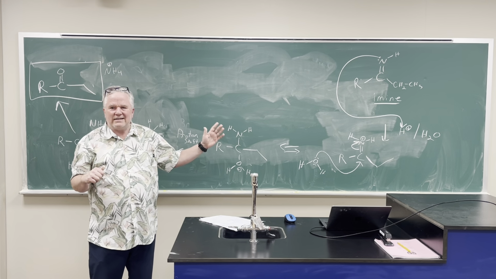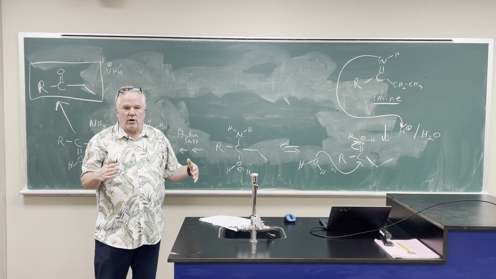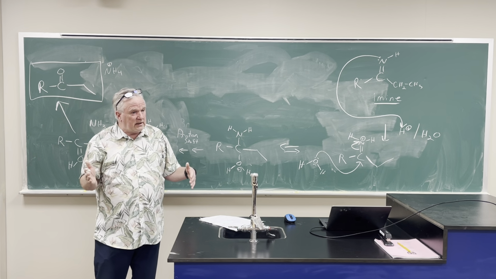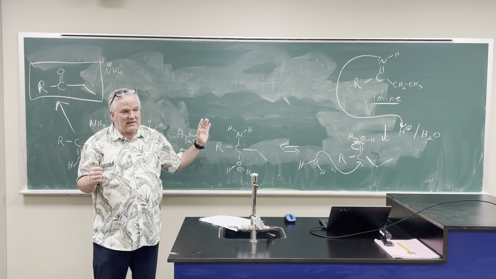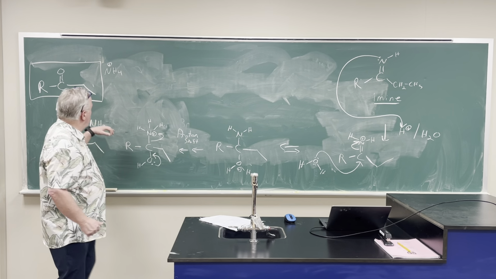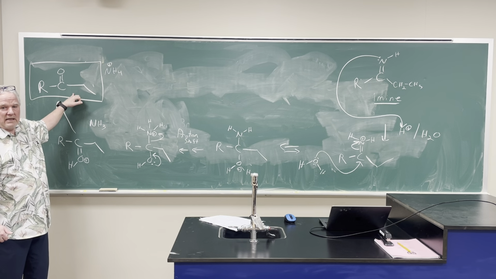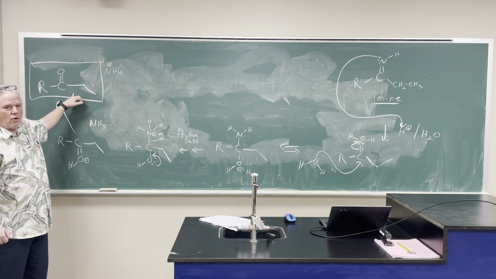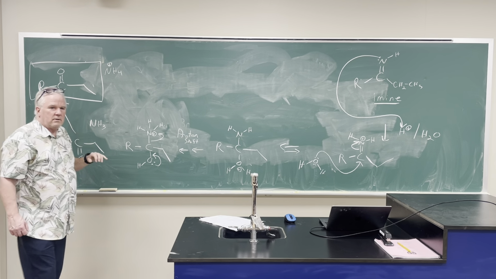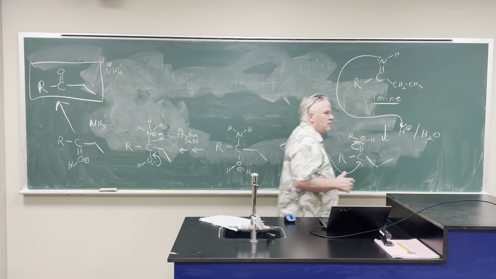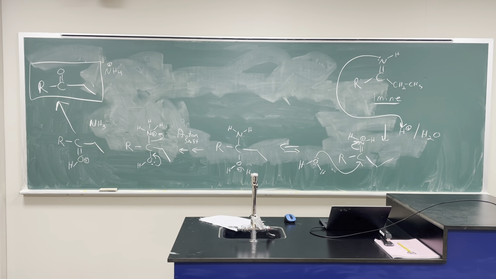Then we need to recognize, oh, imines are not very stable under acidic aqueous conditions, so we just throw a whole bunch of acid and water at it, and you're able to make and isolate this ketone. And these go in very high yields, okay? How many people think they would have been able to get that before today?